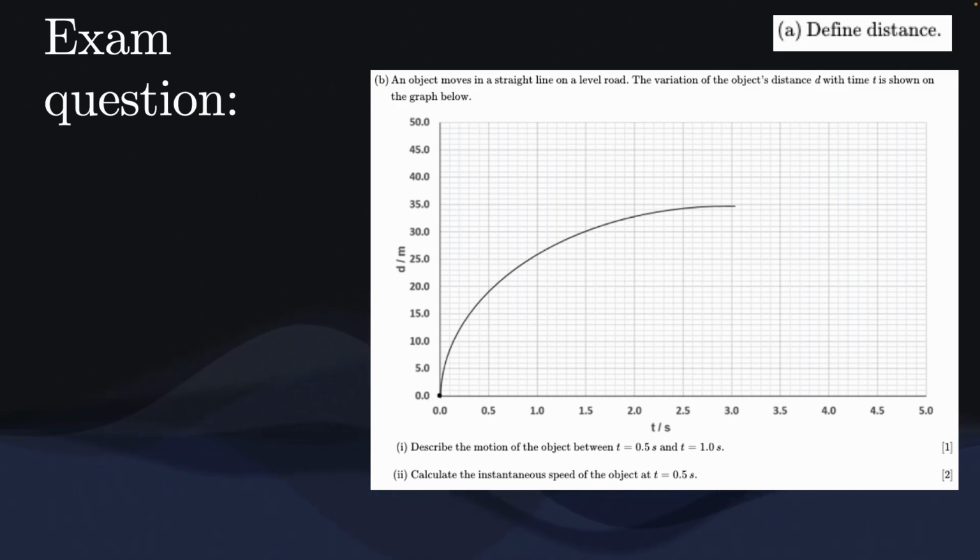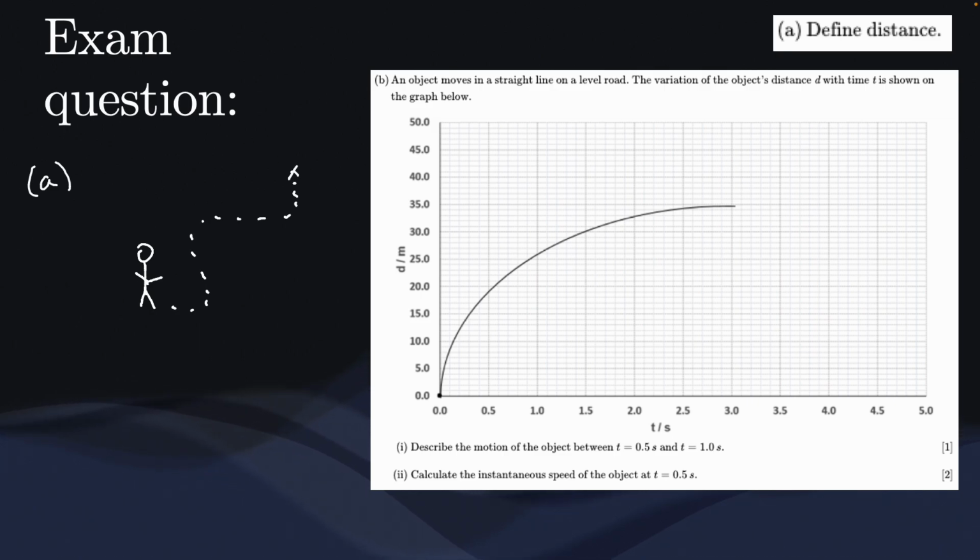Oh, whoops, first question: define distance. Well, remember what I said? If we have someone moving like this, and this is their path to get there, their displacement is the actual straightforward displacement that they went, and the distance is the actual distance that they traveled along this line.